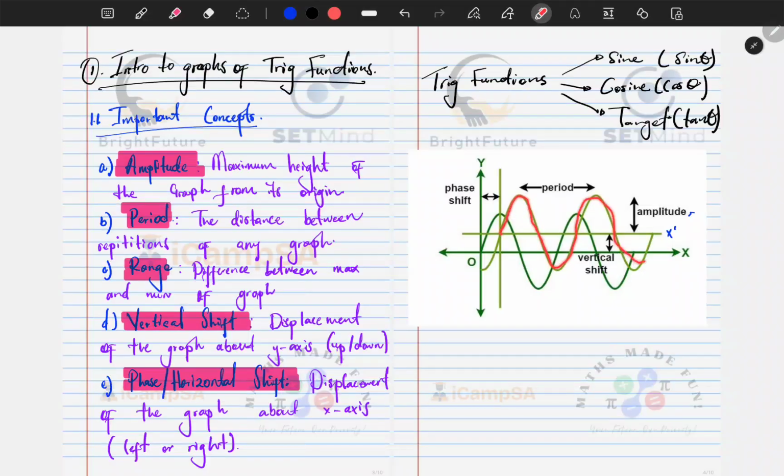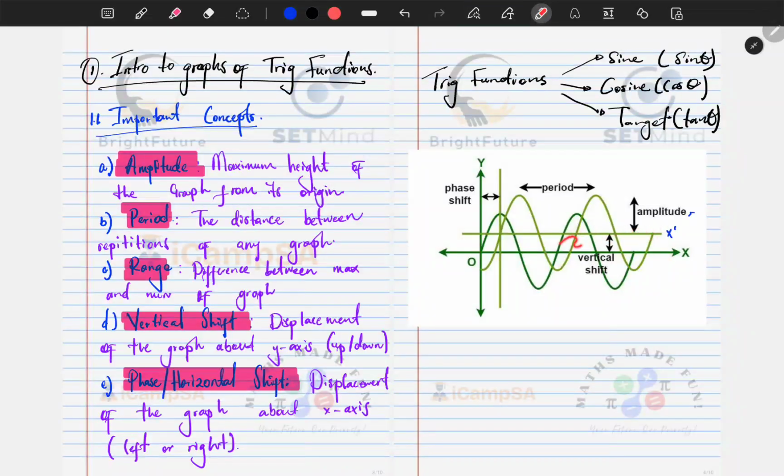If we want the amplitude, we take the origin, the x-axis, until here. This will be your amplitude. Others usually define it as the displacement from here, saying the minimum value plus the maximum value divided by 2.